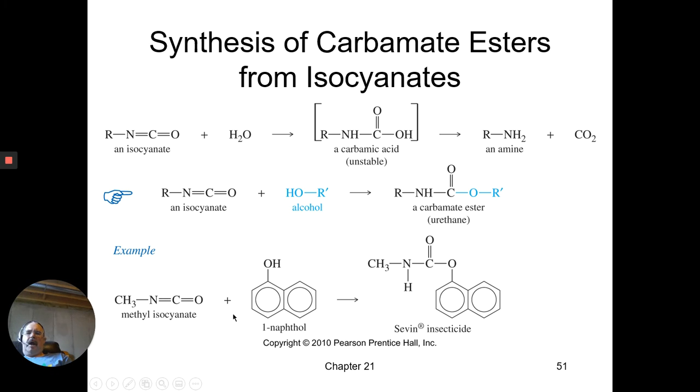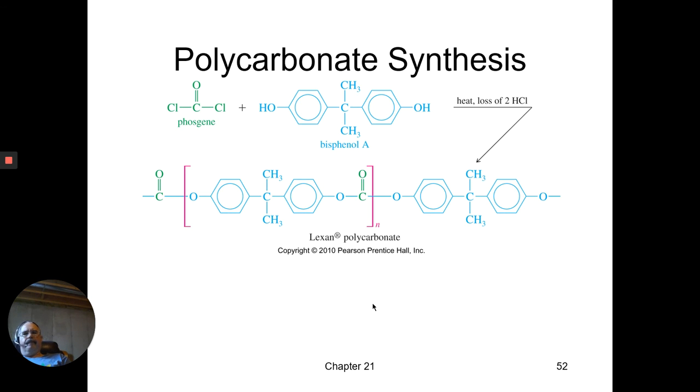This reaction is particularly infamous back in 1984 in Bhopal, India. A large quantity of methyl isocyanate was released, and many people were killed because this is very poisonous. Here we have phosgene. This can be thought of as a double acid chloride.